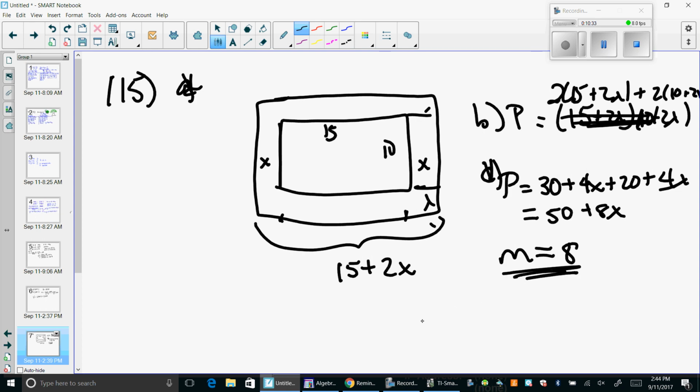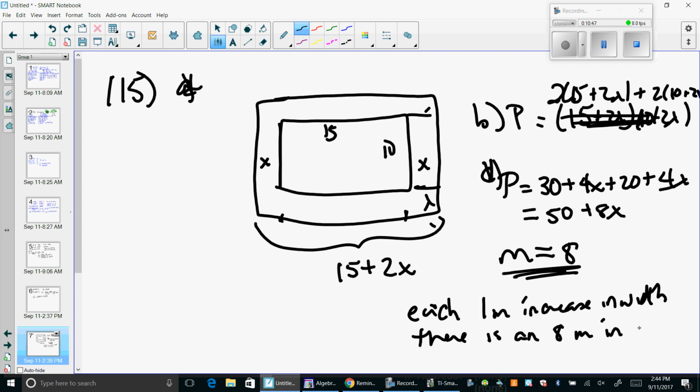So for each 1 meter increase in width, there is an 8 meter increase in perimeter. And let's look at that. If x is 1, then I'm going to have to add 1 here.